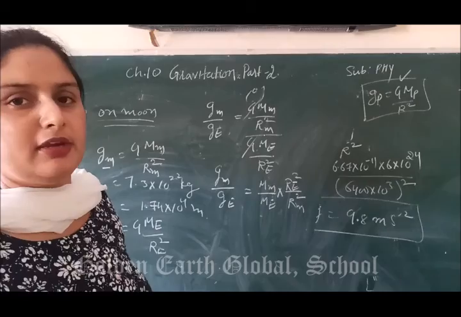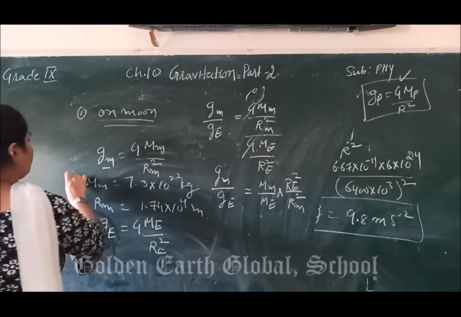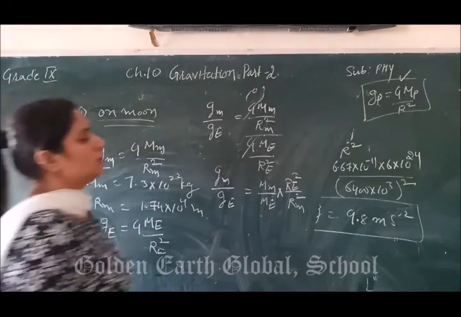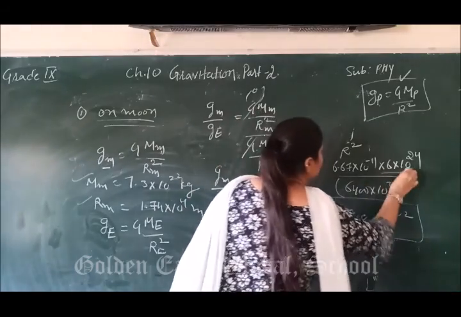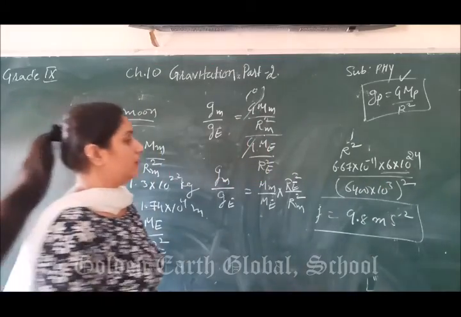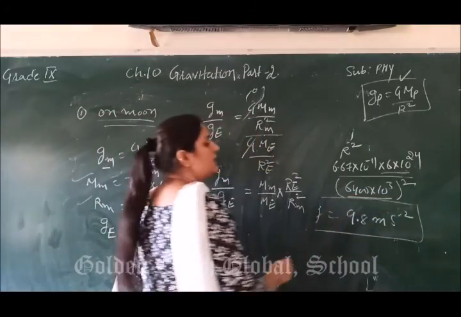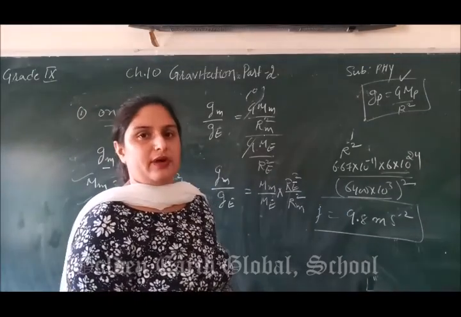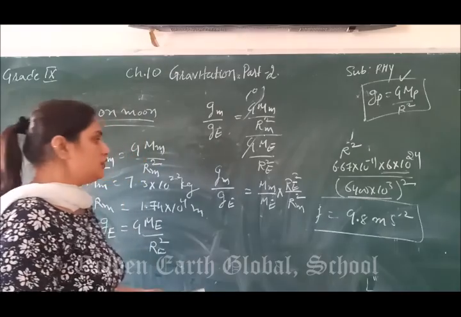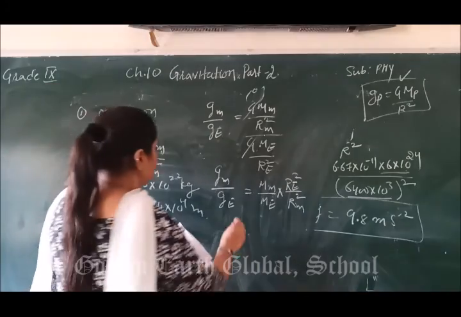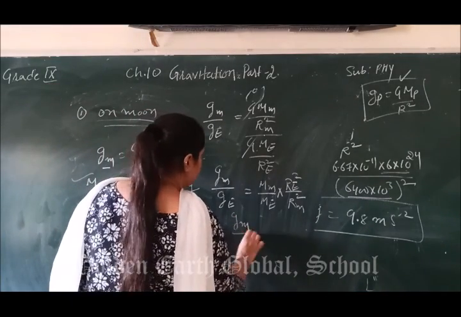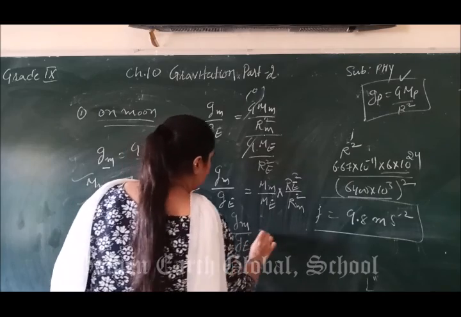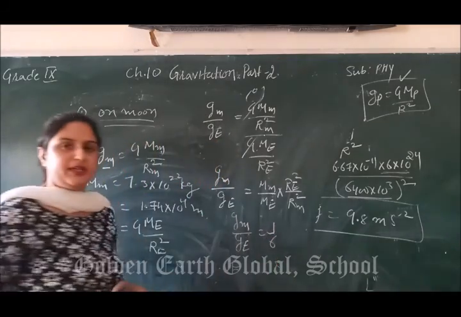Now all the numerical values we know for the moon, and similarly for the earth. For the earth, mass is 6 into 10 power 24 kg, and the radius is 6400 kilometer or 6400 into 10 raised to power 3 meters. By putting the values, you will get Gm upon Ge equal to 1/6.